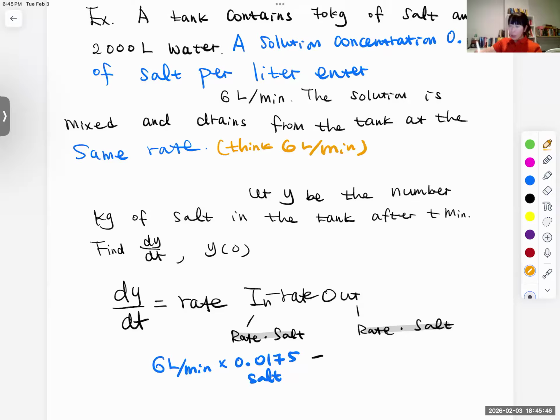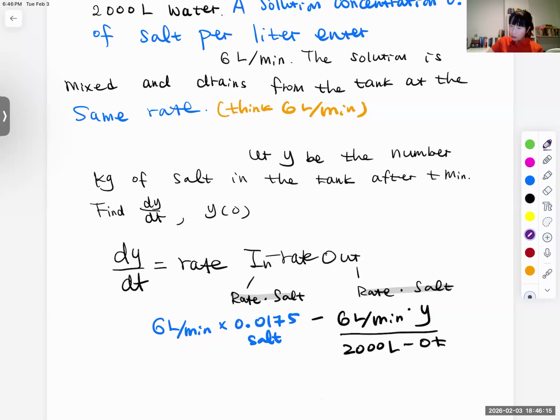We don't know how much salt, so that will be times y, over 2,000 liters minus, in this case, 0t, because 6 minus 6.